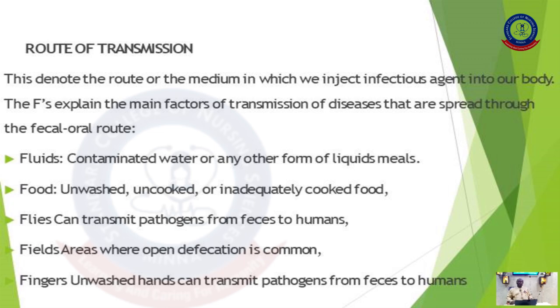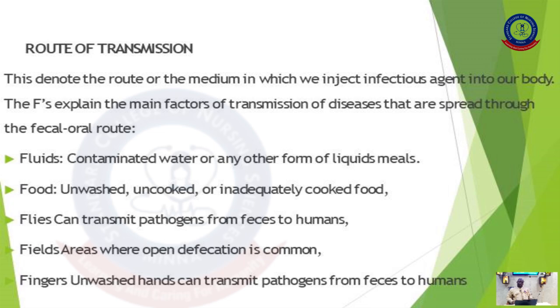So we have the 5 F's that explain the main factors of transmission of diseases that are spread through the fecal-oral route. We mentioned fluids, meaning contaminated water or any other form of liquids.